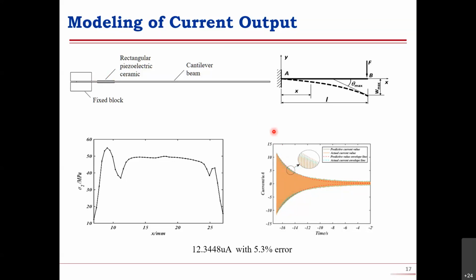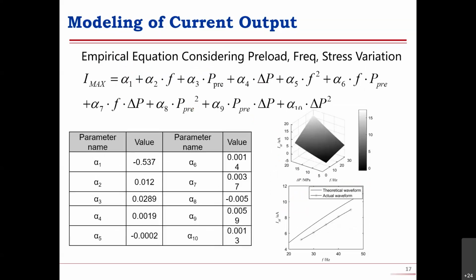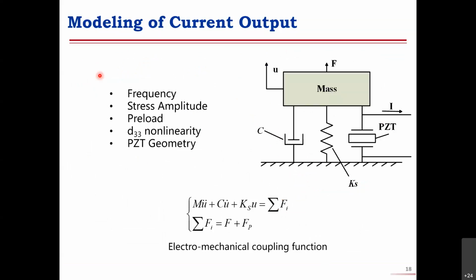That means the empirical equation is relatively precise and accurate. And then we are doing some more research on the modeling of current output for bulk PZT, and we consider the frequency, the stress amplitude, preload, D33 nonlinearity, and PZT geometry.